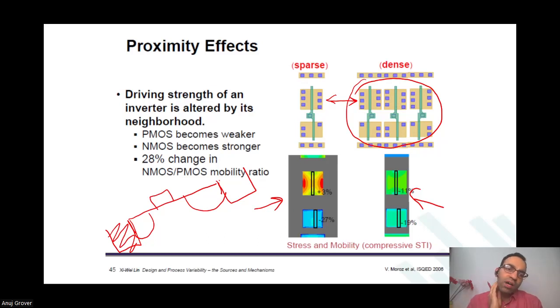There are bonds which now see a different kind of stress. That stress, as you can see in the contours, gets transmitted to the gate region also. Are you able to see this? What is causing the stress is the breaking of the bonds, the breaking of the lattice structure of the silicon, due to the STI, shallow trench isolation.